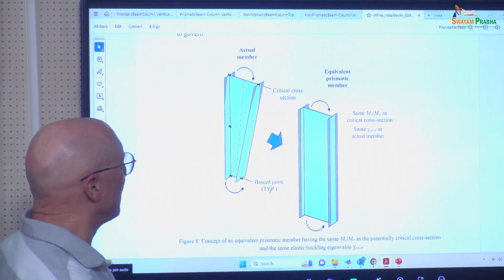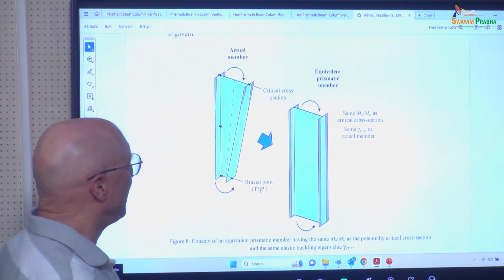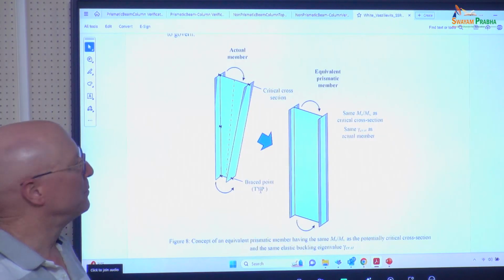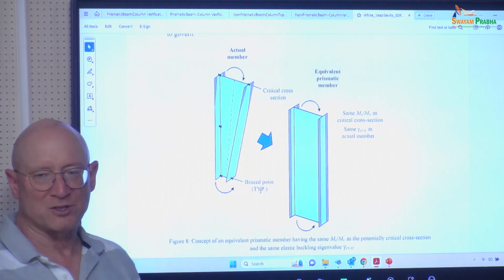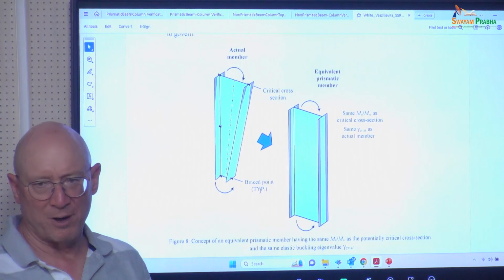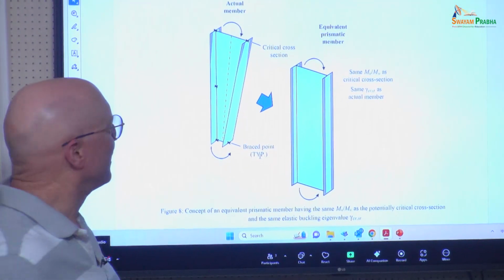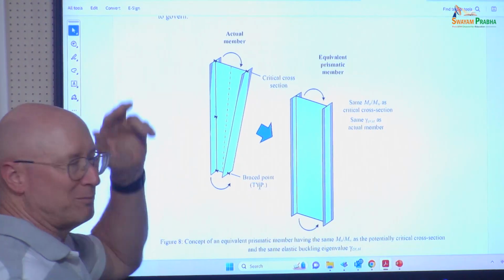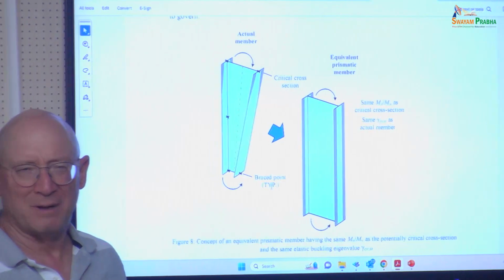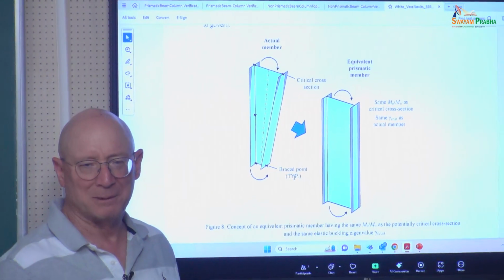And we need to identify a critical cross-section. And so let's say we've got something like the member that we've just been working on. And we would expect that, hey, it's probably critical at the top.